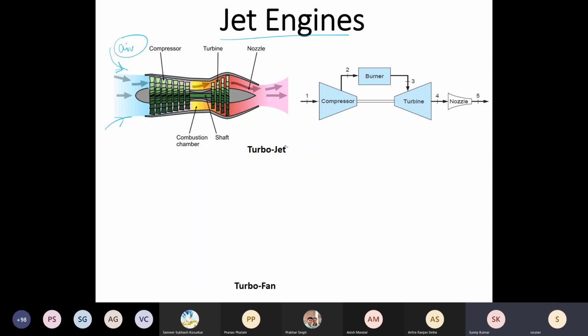at the ambient condition. The ambient in case of jet engines when they are flying at cruising altitude, any idea? What is the ambient pressure and temperature? When the planes are flying at the cruising altitude, any idea what is the cruising altitude?